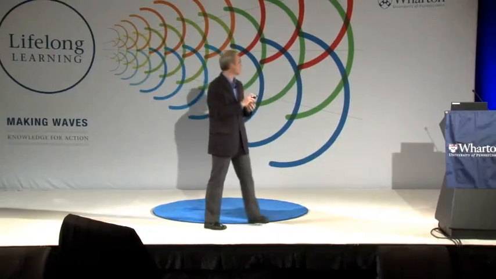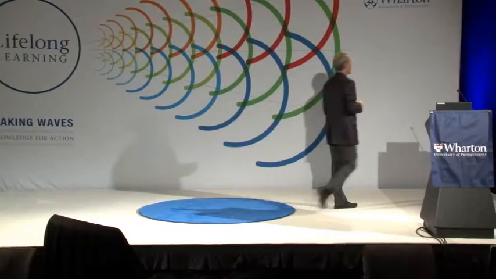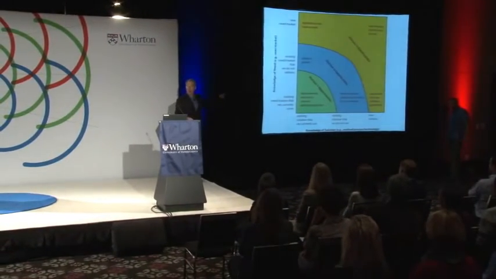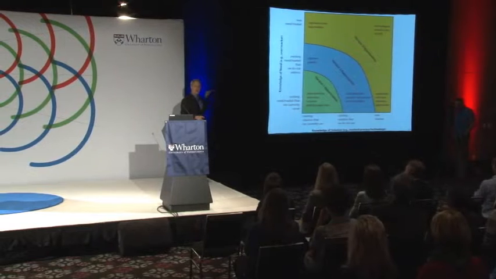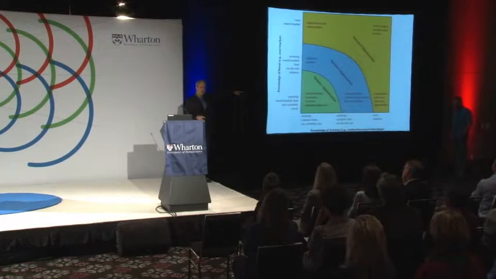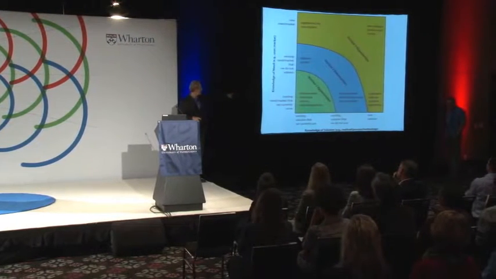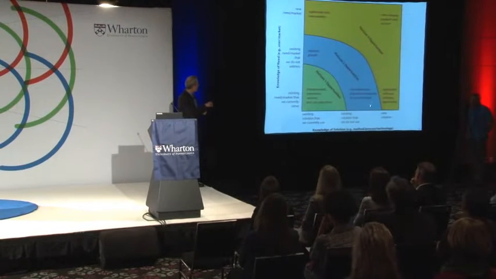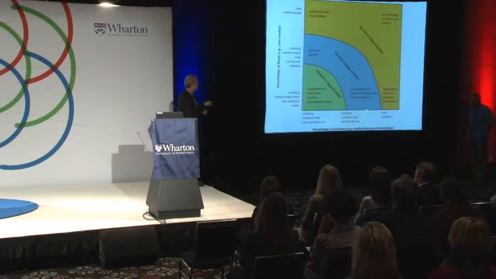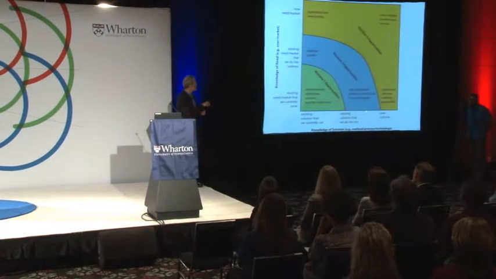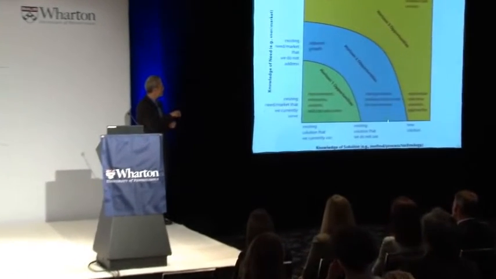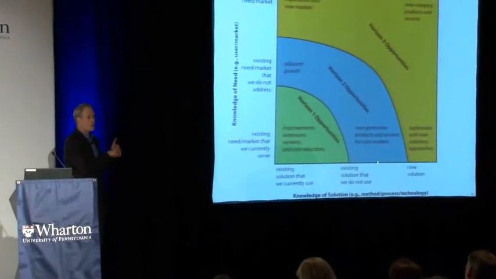And if you think about it, if we go back to this matrix, what was this? Well, this was taking an existing need and market that Amazon already serves and introducing a new solution for that need or market. So let me see if I can point here. Depending on how you think about e-ink and the reader technology and so forth, it was largely existing technology that Amazon wasn't using.